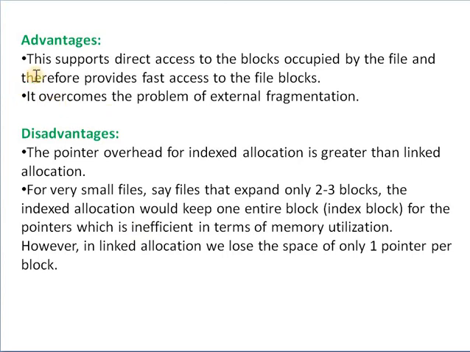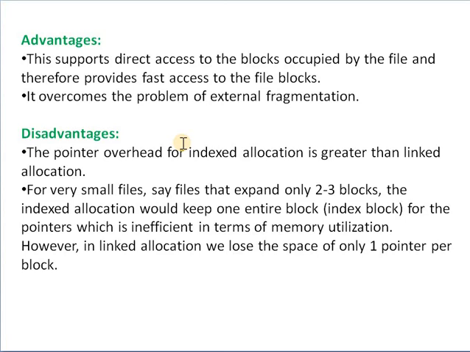First, see what the advantage is. This supports direct access to blocks occupied by a file and therefore provides fast access to a file's blocks. Take the example of your book. By using a book index, you are quickly accessing the contents.